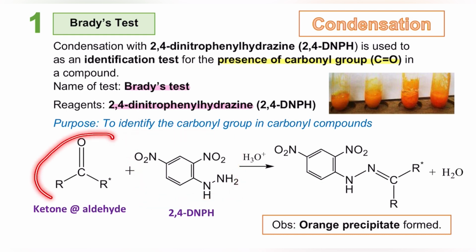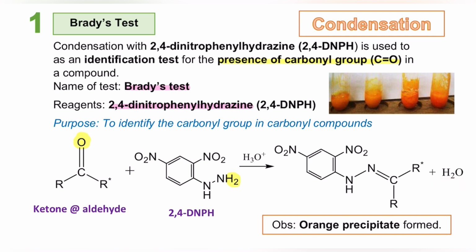This is where you have a ketone or aldehyde, and make sure you put the acidic condition. Then you will form the condensation reaction, where you take oxygen from the carbonyl carbon and H2 from the hydrazine part. These two combine to form H2O.